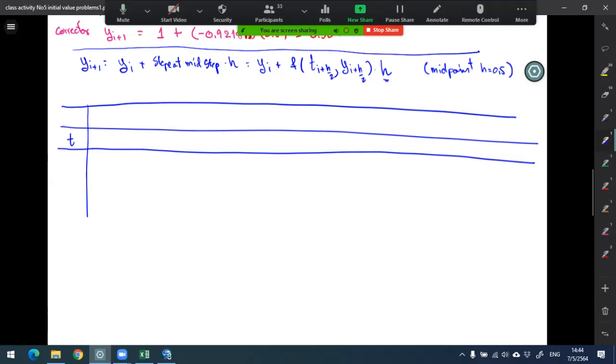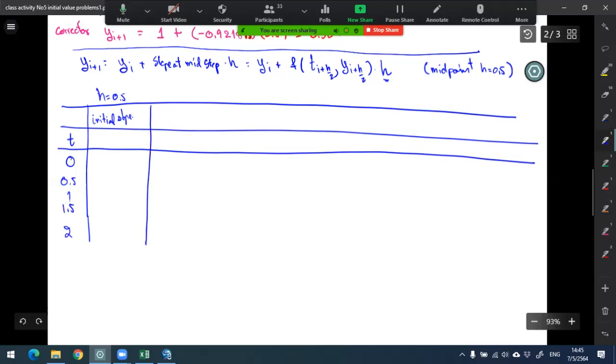Time should start with 0.5 when we use h equal to 0.5, same as the one in Euler. And after that, we have to find the initial slope, f of x0, y0.